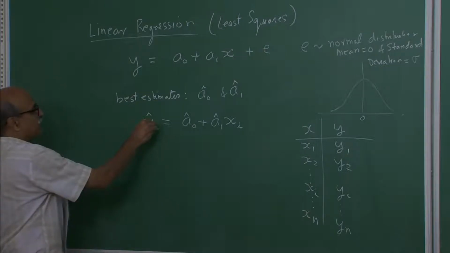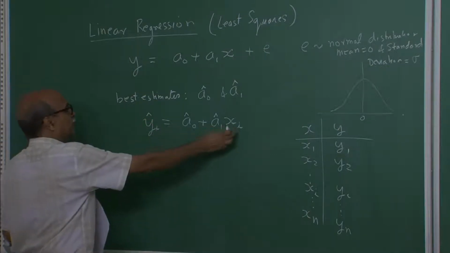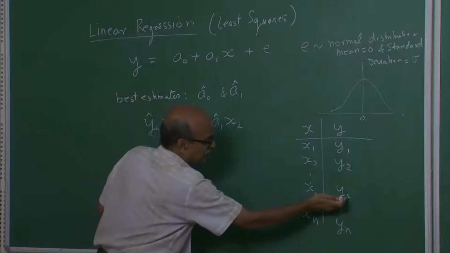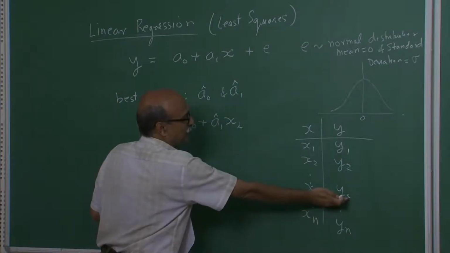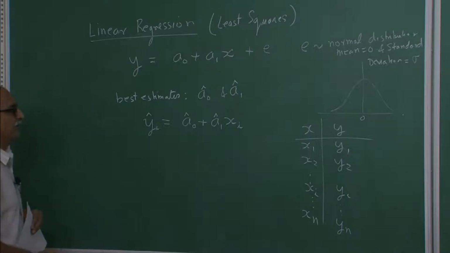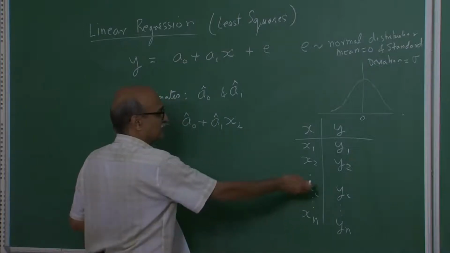Now, this is the predicted value at the ith response, and here this is the measured value at the ith value of the independent variable x that I have experimentally set up. In this case, it is log time.